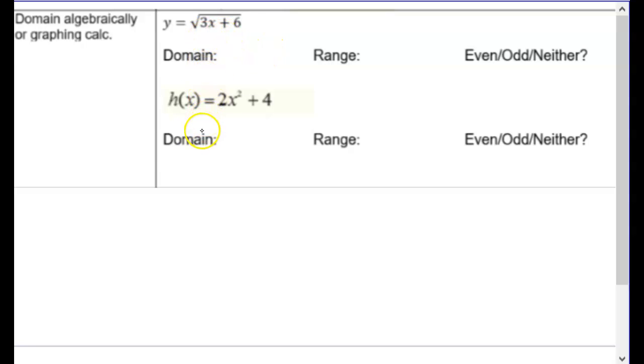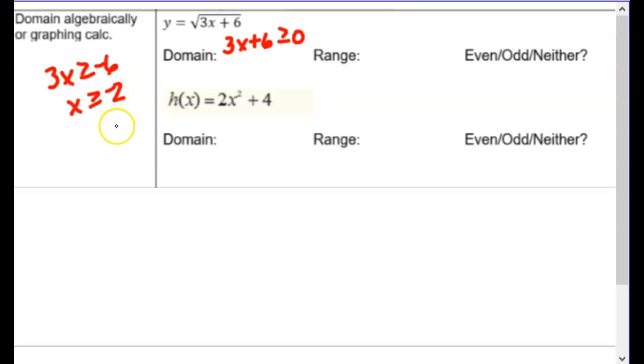These I would do on your calculator. You just got to be real careful. This one, algebraically, what happens underneath a radical? It has to be greater than or equal to 0. Can anybody solve that? 3x would be greater than or equal to -6. If we divide, greater than or equal to -2. How do we write that in interval notation?